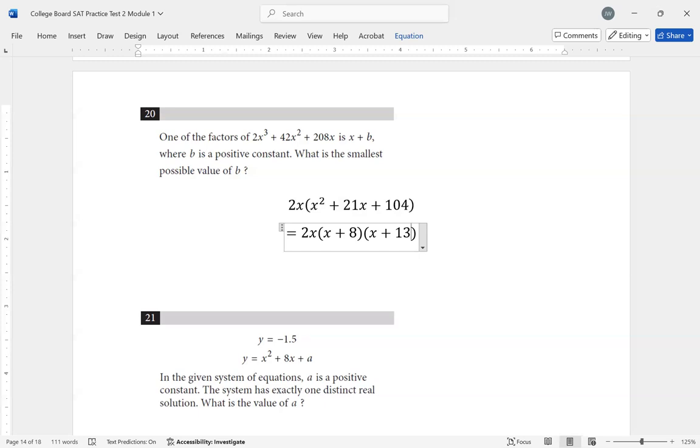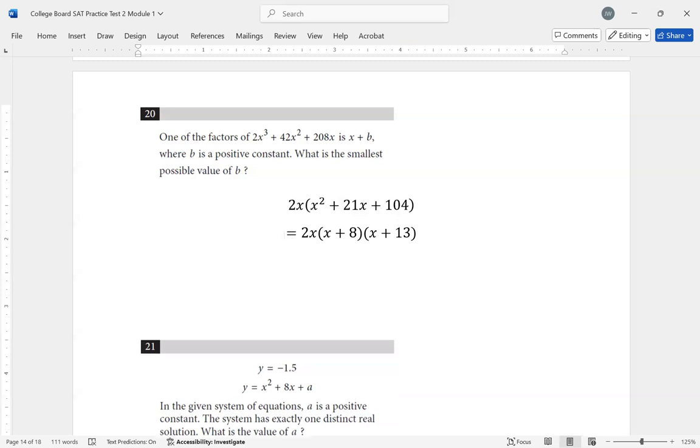You can look through factors of 104, write them all down, and figure out which ones add to 21. But as you can see, I've already done that work. 8 and 13 are the two numbers that multiply to give you 104 and add to give you 21.